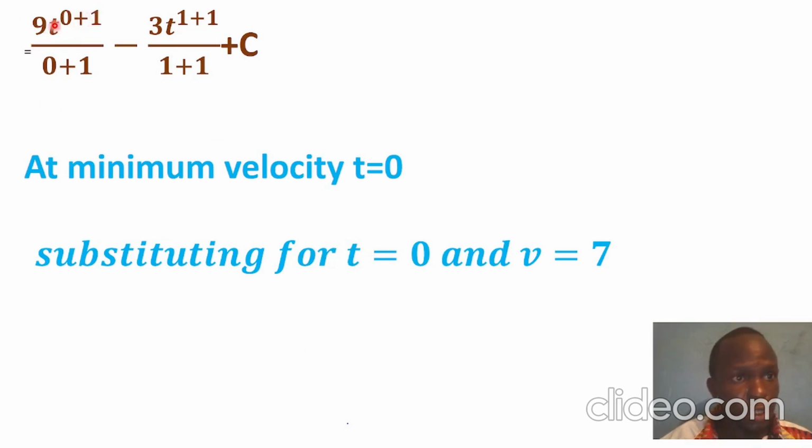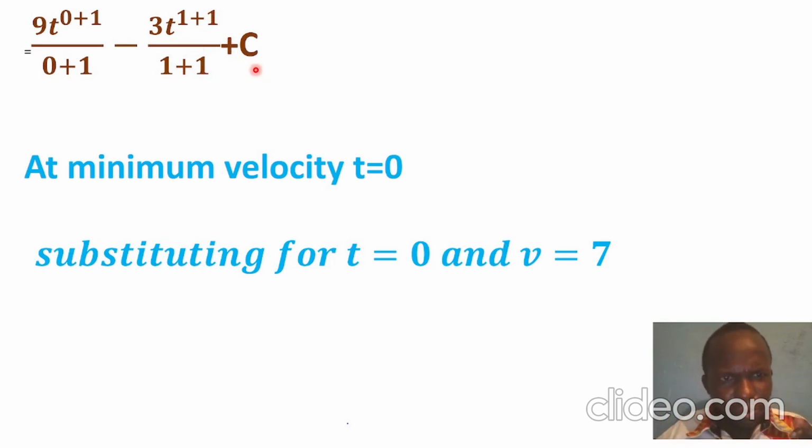Why are we saying t raised to power 0? Because 9 was just there alone, and anything raised to power 0 is equal to 1. That's why we are including t to the power 0 plus 1 over 0 plus 1, minus 3t, because t alone is the same as t raised to power 1, plus 1 over 1 plus 1, plus an arbitrary constant.